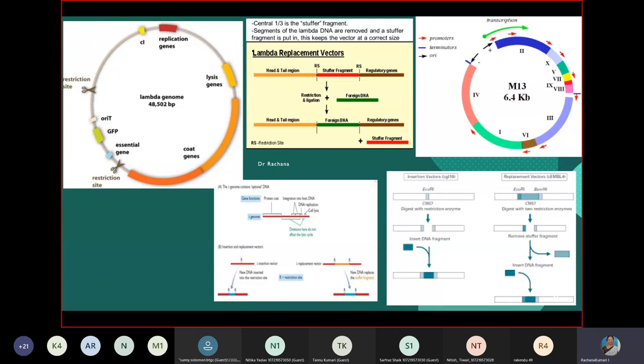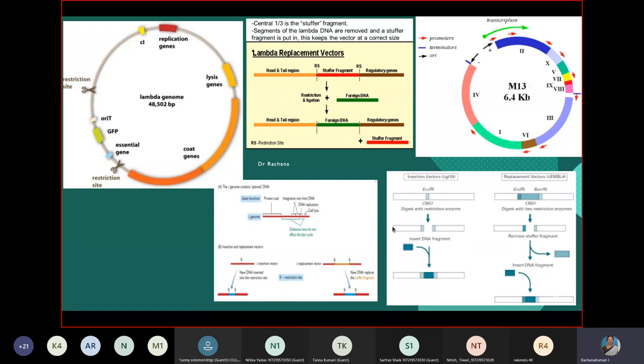And insertion vectors will be larger in size than the native size of the genome, in comparison to the replacement vectors where the size of the genome will be standard, it is fixed. You have simply removed some and then stitched up the same sized foreign DNA. So there is no additional burden to the bacterial cell or to the vector. But in the case of an insertional vector, there is an additional burden because the size of the genome increases.